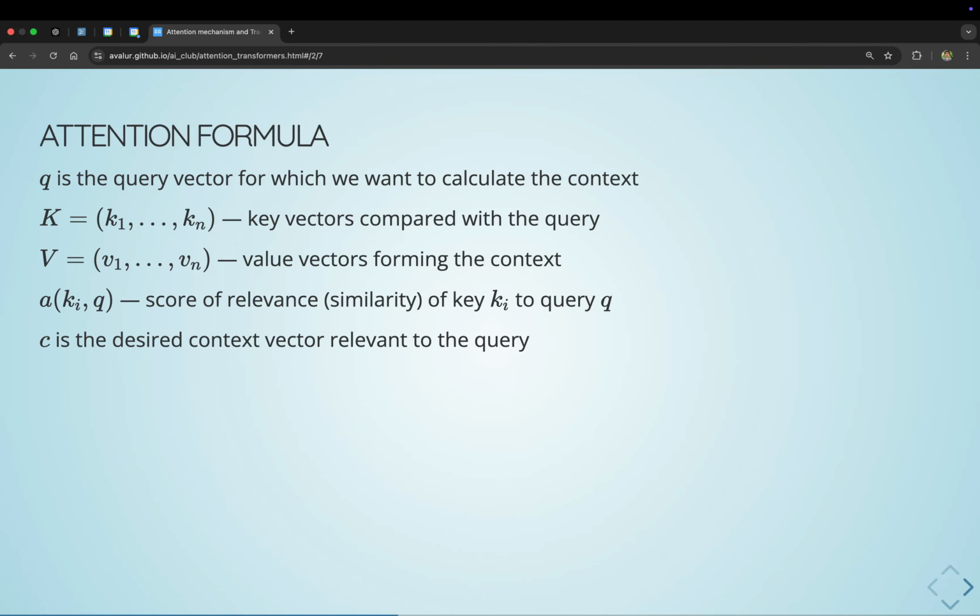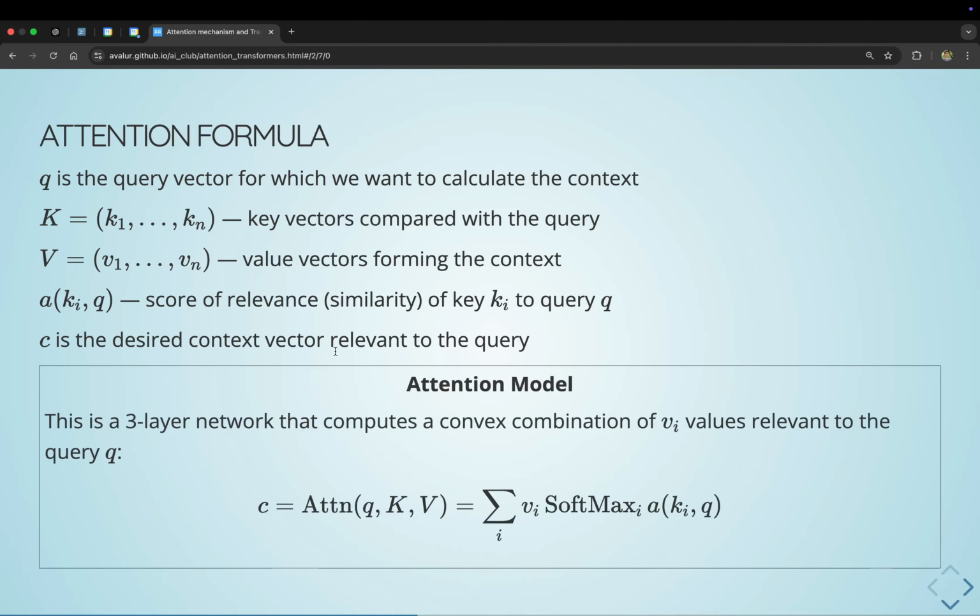So using the attention formula, here we simply rewrite everything, so to get the same formula in one line. Okay, so we state that our context vector is the result of attention for query q, and vectors keys and values for these vectors is this formula.